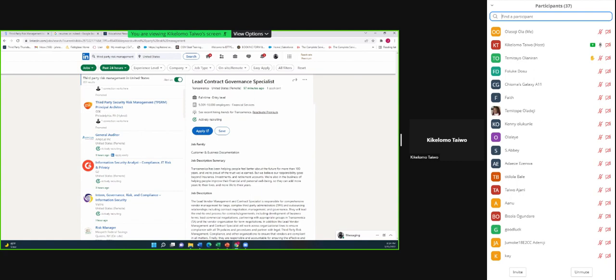All those things can be automated instead of doing it in a manual approach. There are a lot of applications you can use to automate this third-party risk management lifecycle. One of them is ServiceNow.